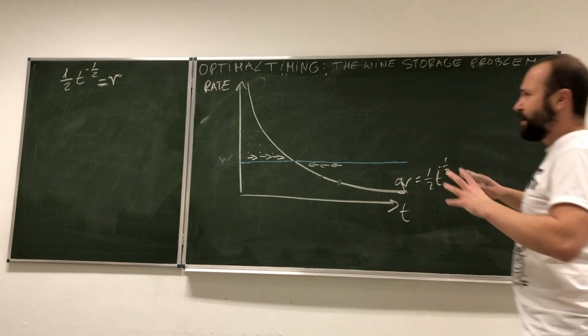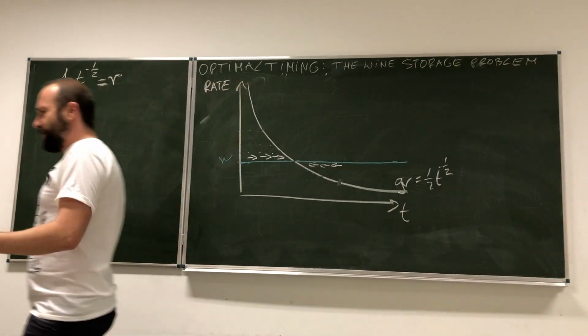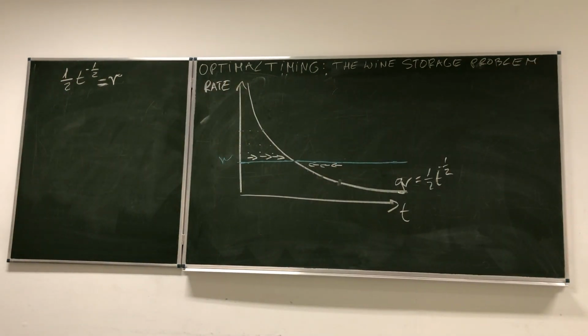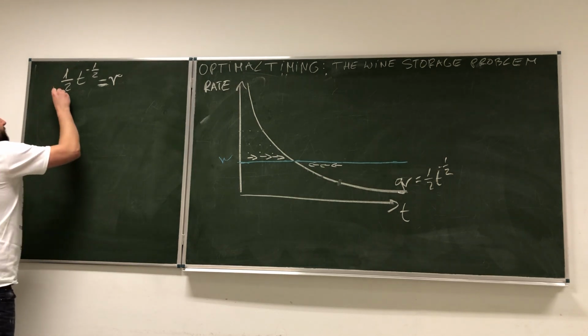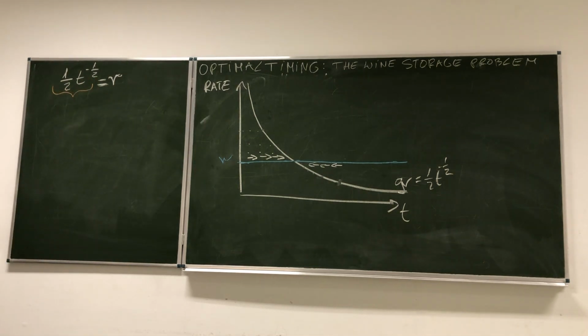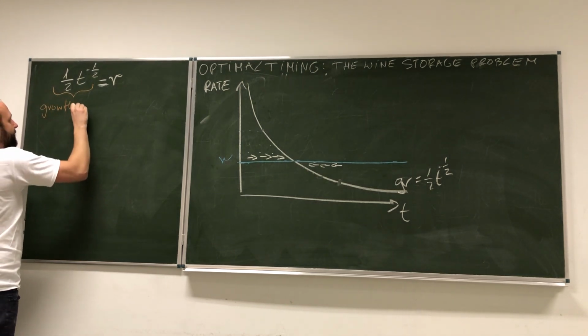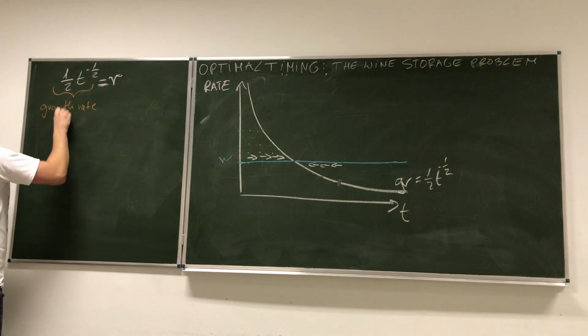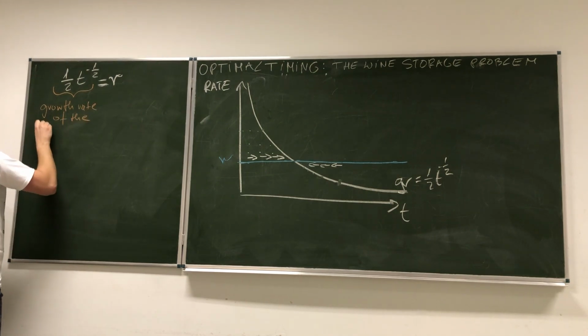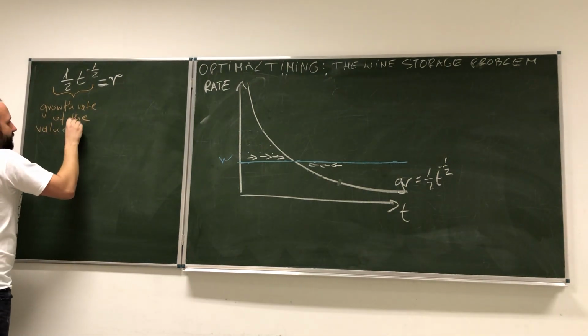Okay, so look, after all this, we can make a little bit more precise what those two things are. Look, this expression is definitely the growth rate of the value of wine.